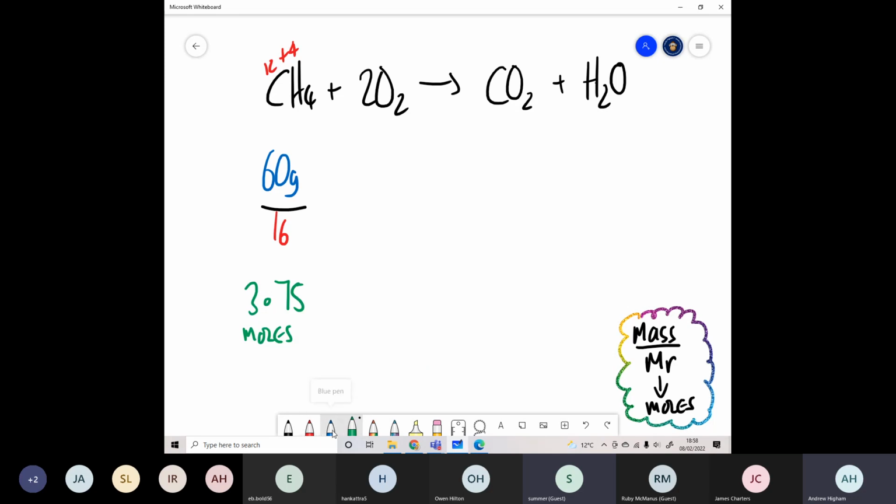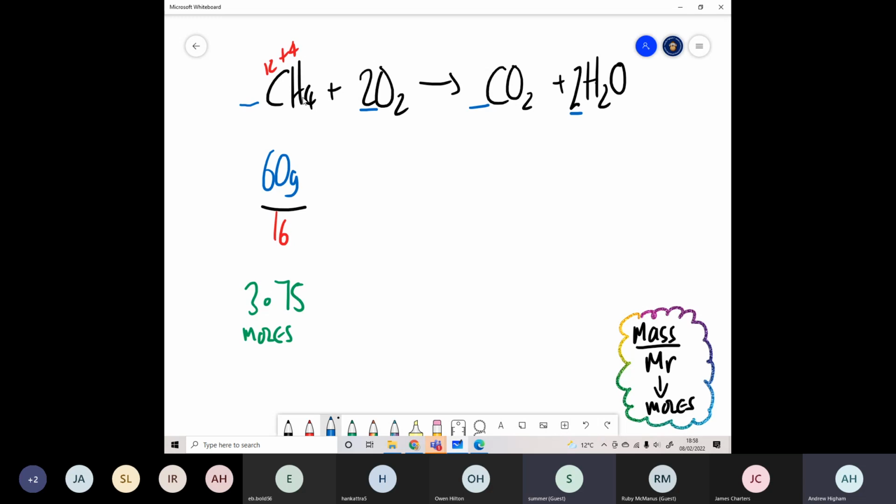The next thing to do, because we've worked out the number of moles, is to look at the molar ratios. It's a 1 to 2 to 1 to 2 ratio. If you're not sure about this, I can help people out with this, but basically we've got one carbon atom in the methane molecule that will be able to produce just one carbon dioxide.